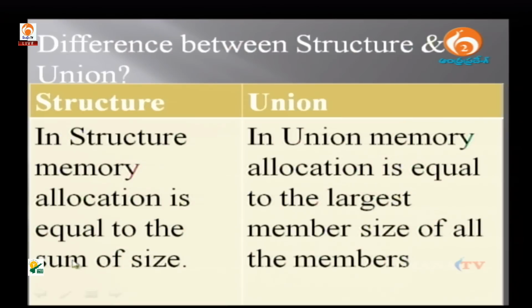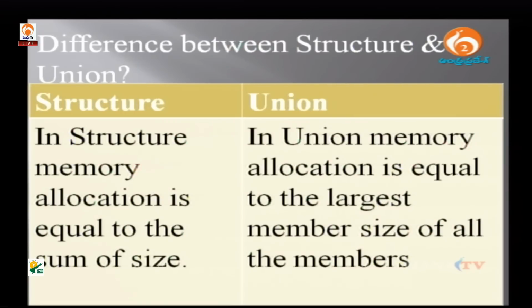Hope you understood this point. Next point, in union, memory allocation is equal to the largest member size of all the members. I repeat, in union memory is allocated as the largest member size of all the members.